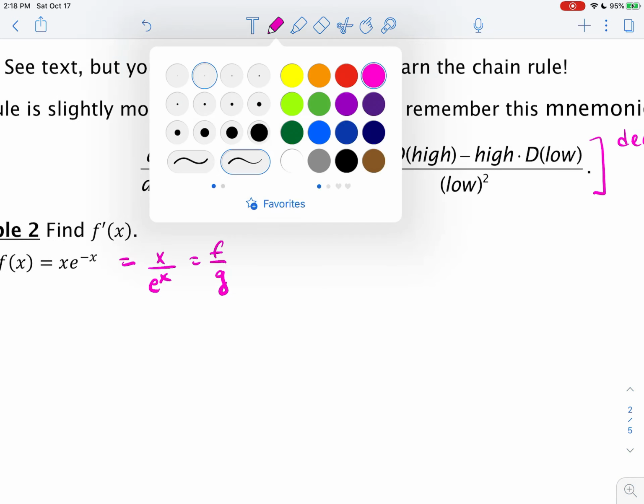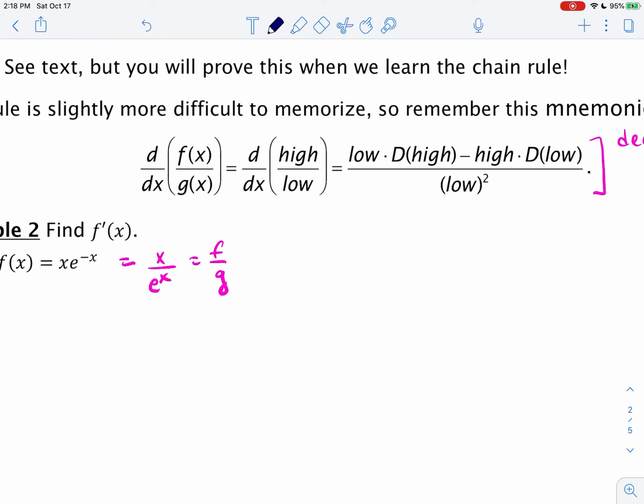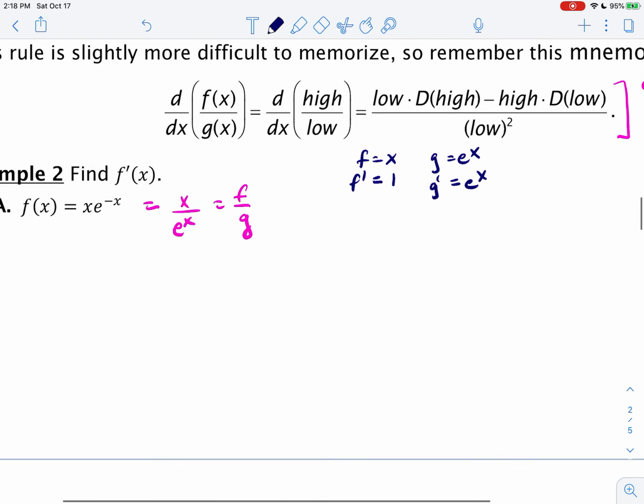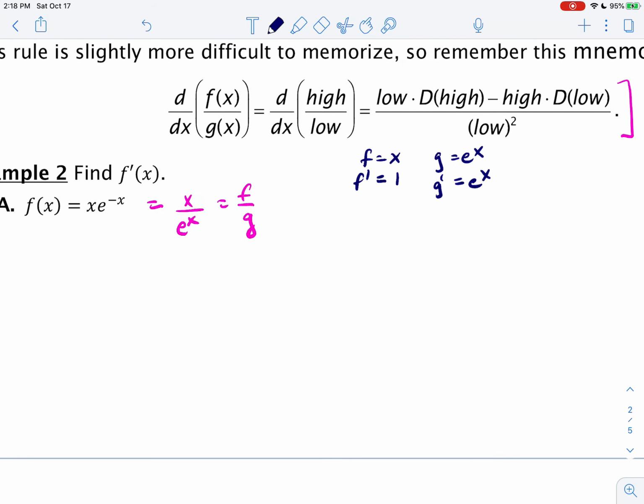So again, if you want to use a table, we can say our top is equal to x, and the derivative of x is 1. Our bottom is equal to e to the x, and our g prime is also going to be e to the x. And so now our y prime here is going to be the derivative of the top times the bottom minus the top times the derivative of the bottom over the bottom squared.